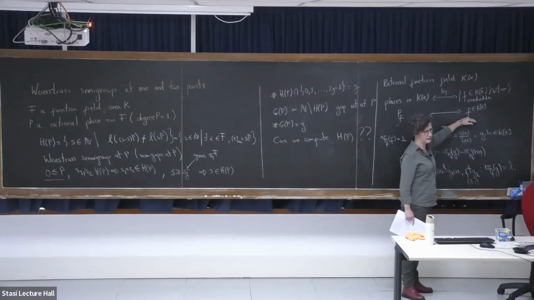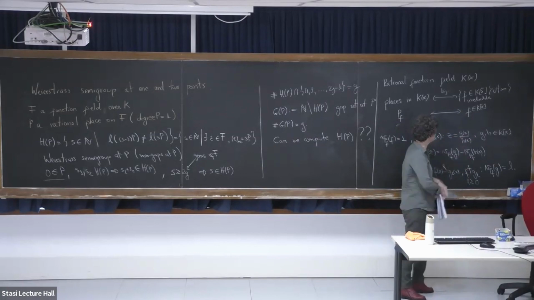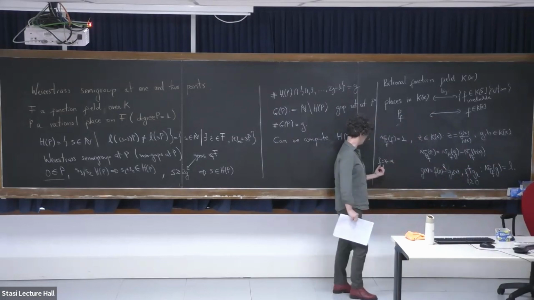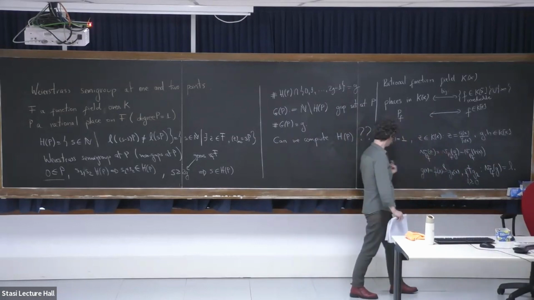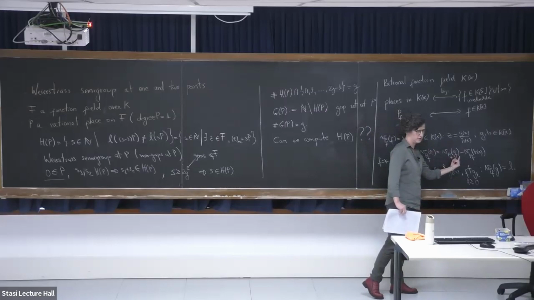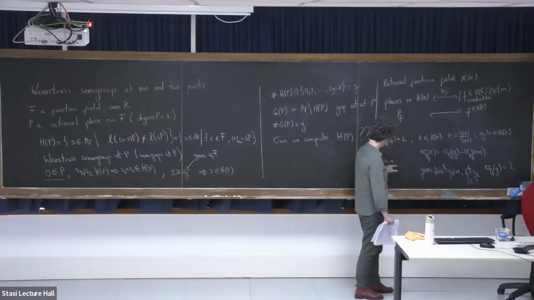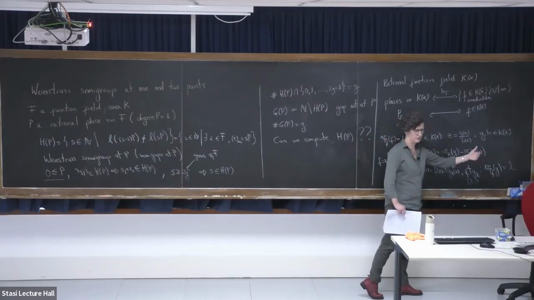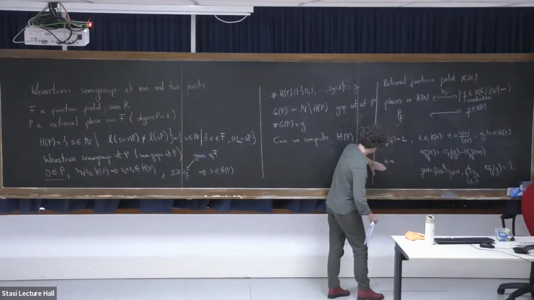So if f is a degree 1 polynomial, the condition that f divides G means that f is like x minus alpha. So if f divides G, it means that alpha is a root of G. Okay, so every time that alpha, if it's degree 1, is not a root of G, what happens? The valuation is just 0. Okay, so this is what we have.